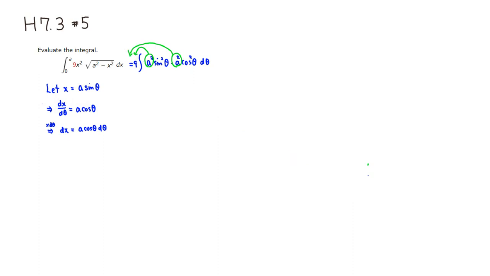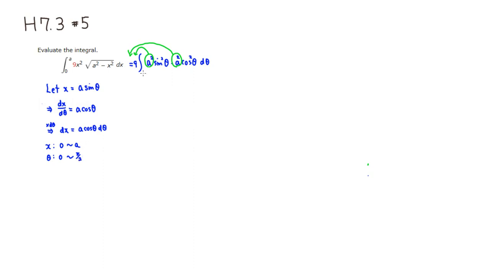Actually, we have to do the bounds. x originally goes from 0 to a, so plug it in. We want a sine of theta to be 0, so theta is going to be 0. And if you want a, sine of theta has to be 1, so theta is pi over 2.